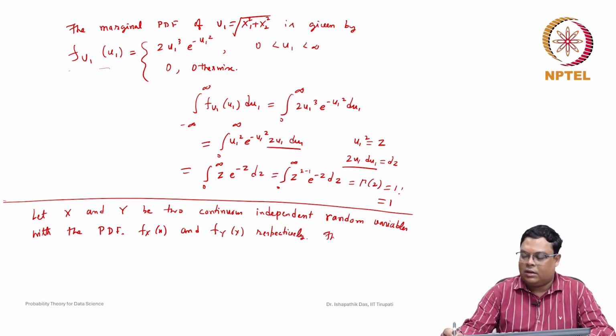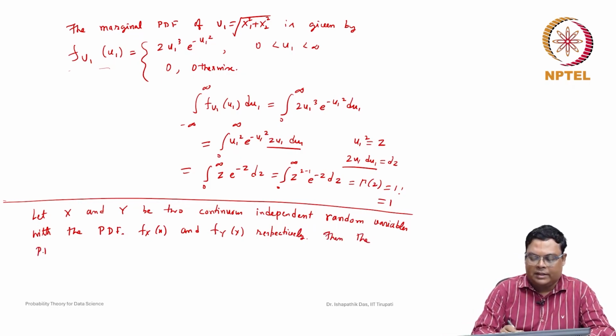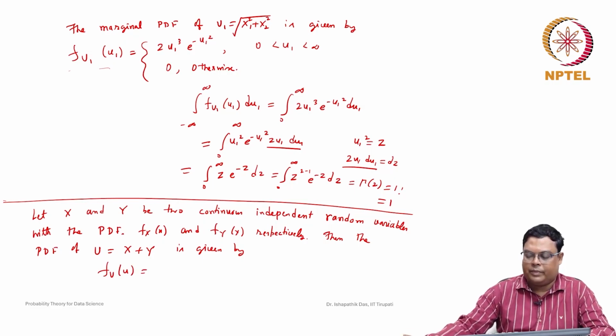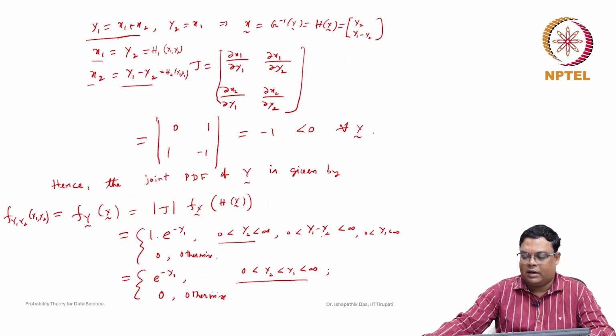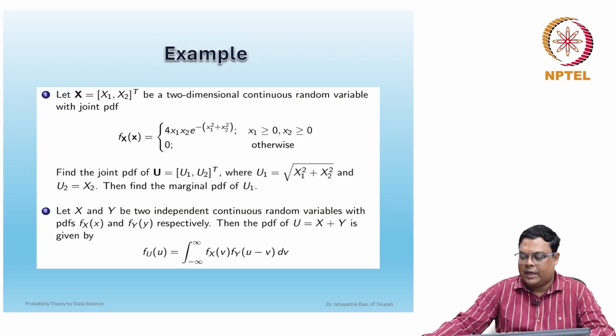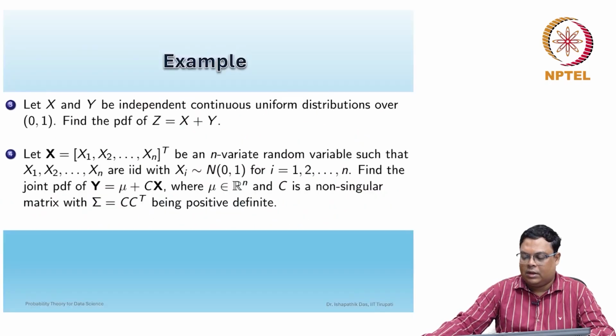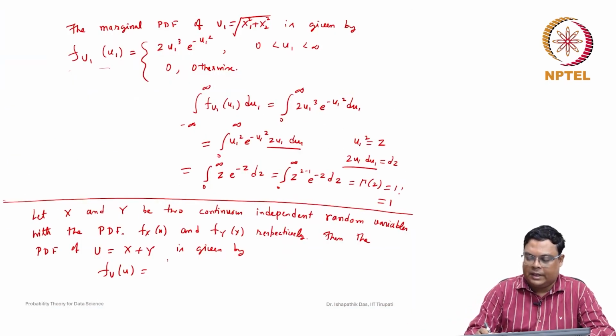Then the probability density function of U equal to X plus Y is given by f of u equal to the integral from minus infinity to plus infinity of fX(v) fY(u minus v) dv.